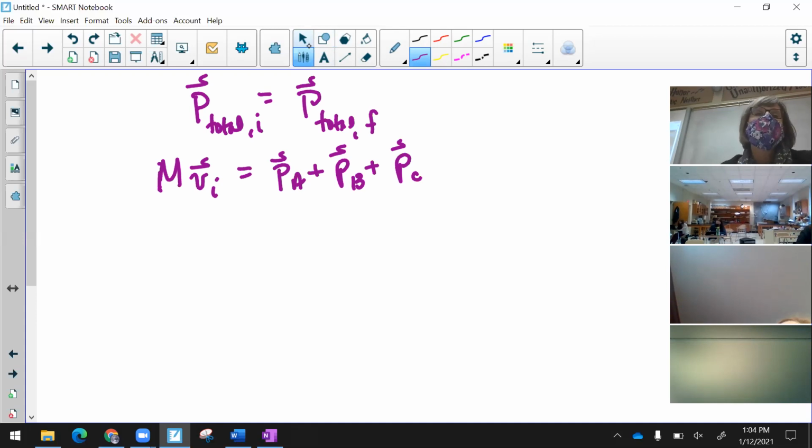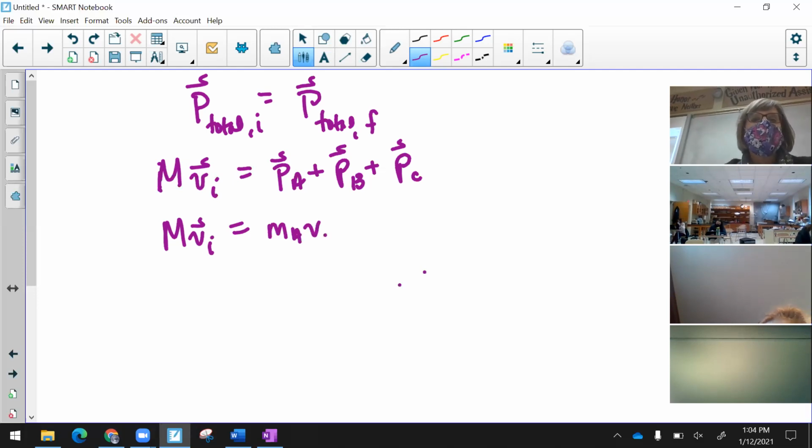So that's what I mean by total momentum: I add up the momentum of each of the particles, all of the particles. So that's going to give me MVI, and then I'm going to have MA, we'll call it VA, plus MB, plus MC, VC.